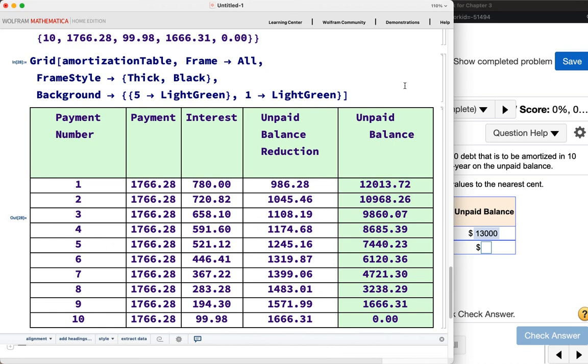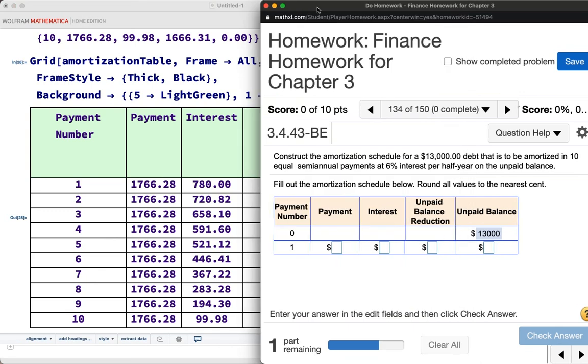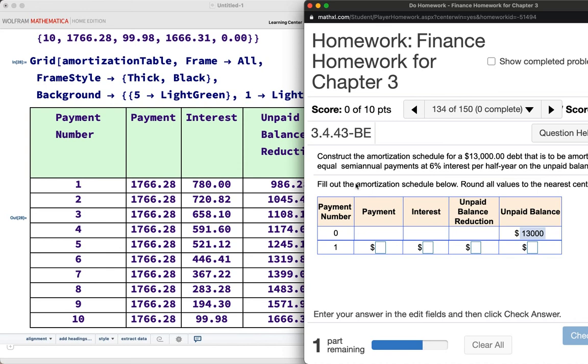Okay, so let's pick up where we left off. So this is our amortization table. This is actually our complete amortization table. So let's see. Payment.